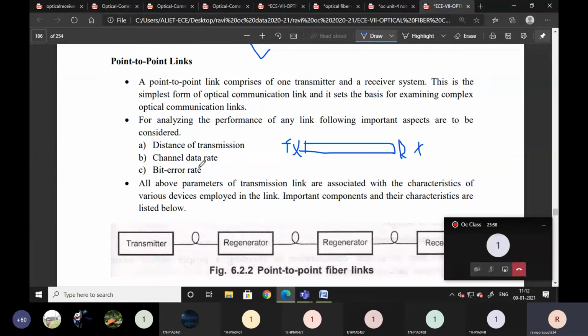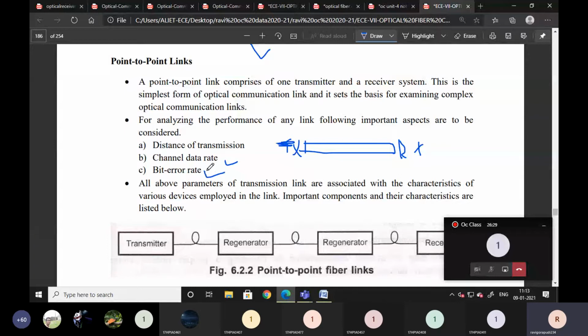So next one is the channel data rate. If you know the distance between the transmitter and receiver, then we can analyze how much data we are going to transmit. So the data rate is also important. And the third one is bit error rate, BER.